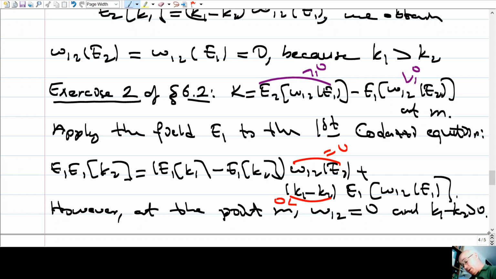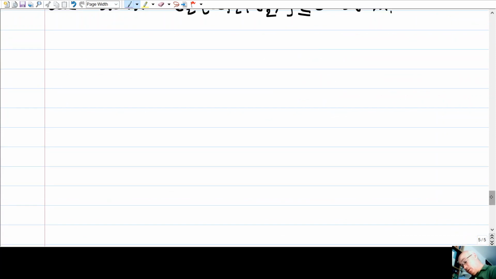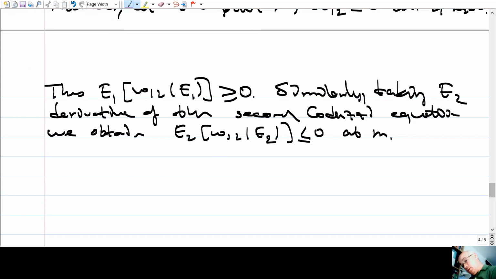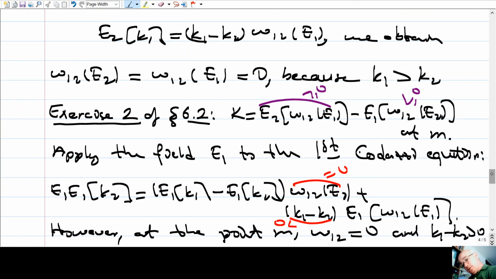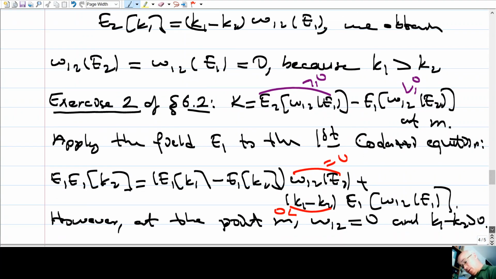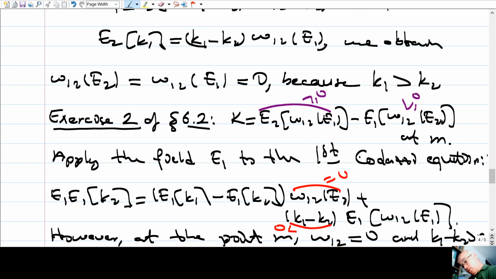What you get is a non-negative number. Hence, the proof finishes by star.